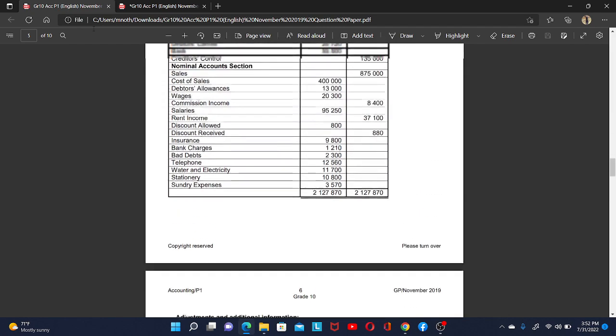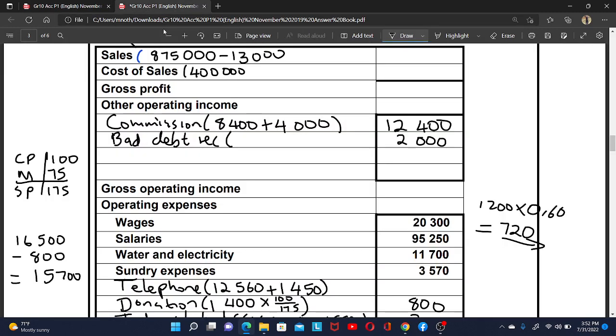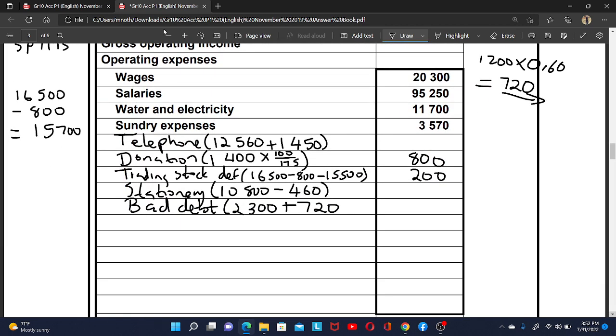So let's do this. We have discount allowed of 800 minus 40.